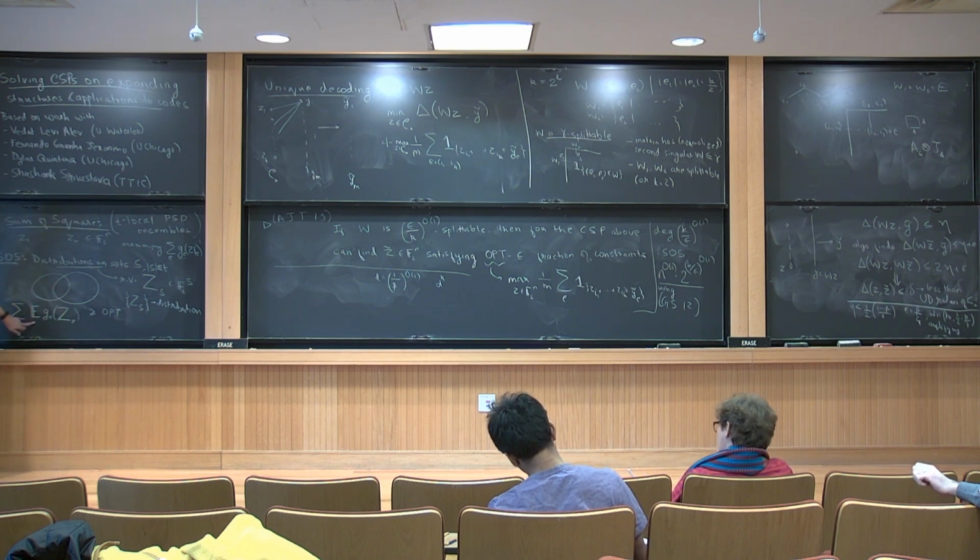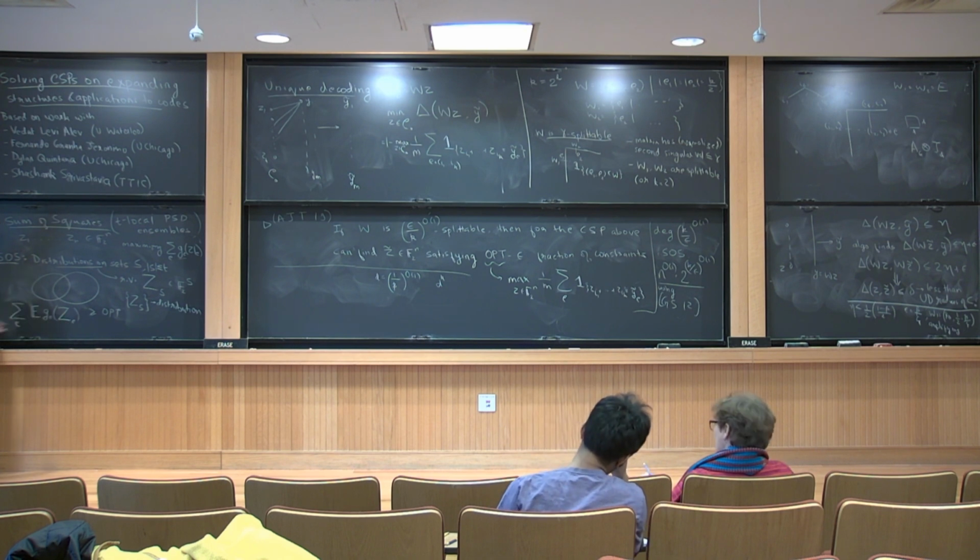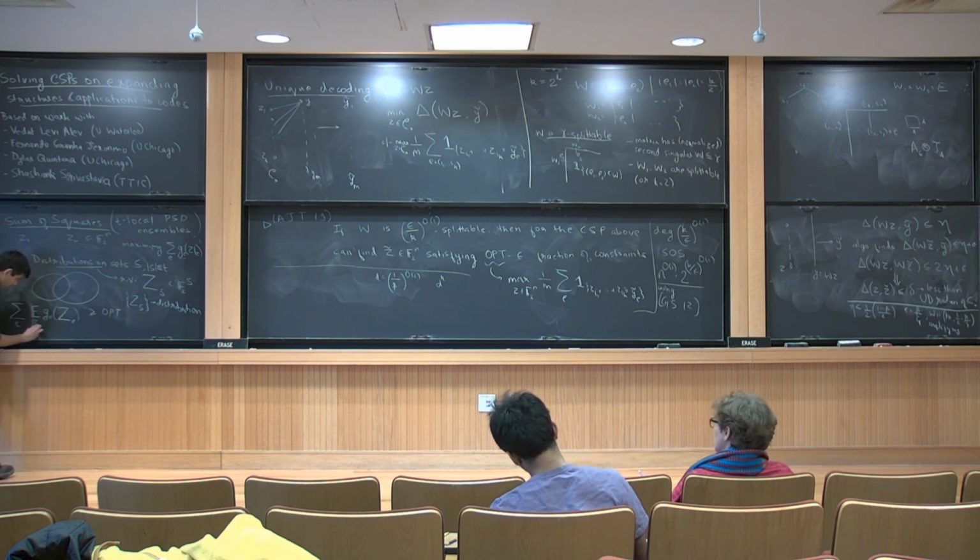I have to be careful about this expectation, because as I said, these are not real distributions. So when I'm looking at the expectation of Z sub E, I'm going to take the expectation over the corresponding distribution. If this is some 5 variables, I'll only look at the distribution over those 5 variables and take an expectation. So if I just looked at the assignments that I give in the distribution to these 5 variables, they satisfy the relevant constraint a fair number of times, at least for most constraints. That's what an SDP solution will look like.